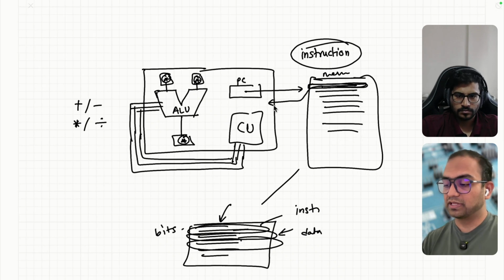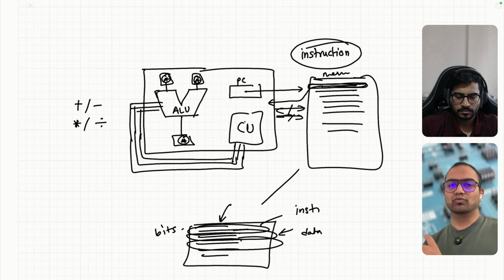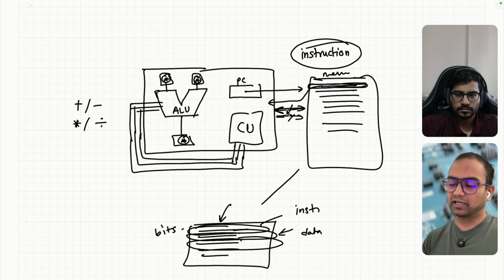So these bits would be fetched over the buses. Buses are essentially wires. So the CPU is connected to the memory through wires, and over the wires it is understanding the bits, and these bits are then treated like instructions.